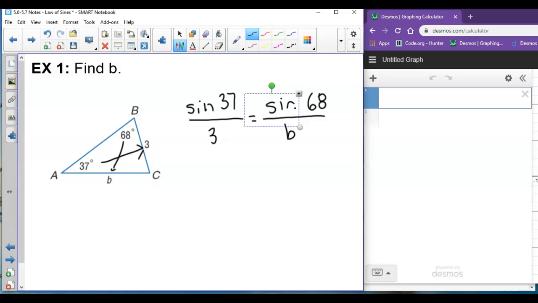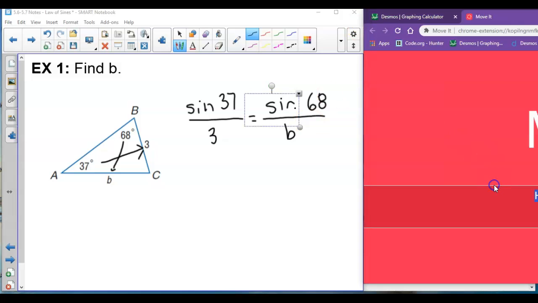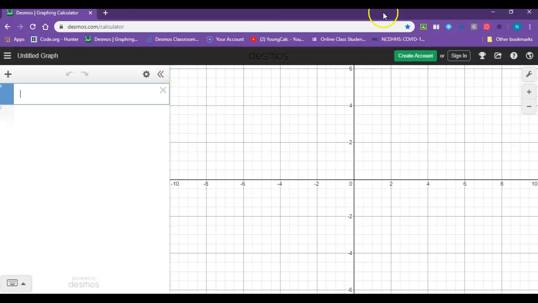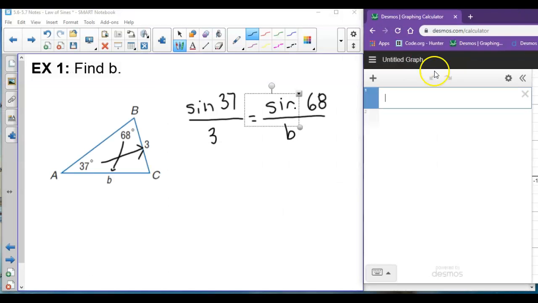And so we've got to solve this equation. It's important to remember that sine of 37 is just a number.